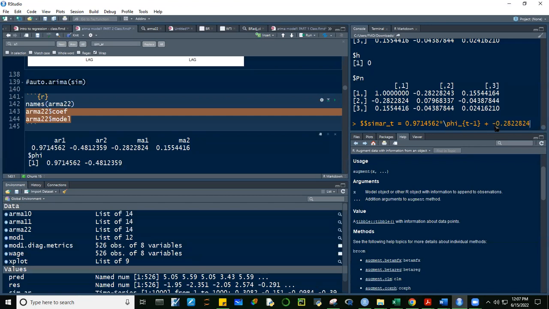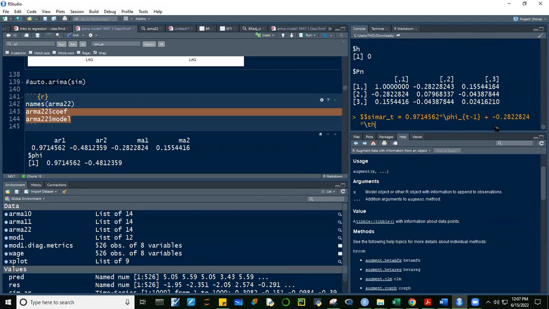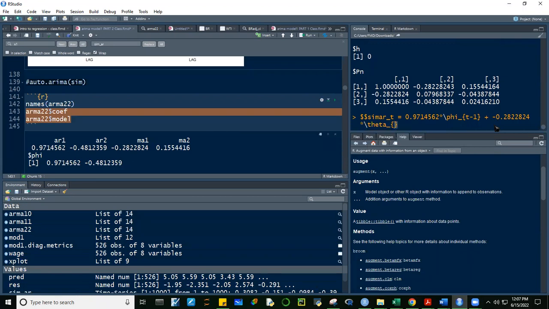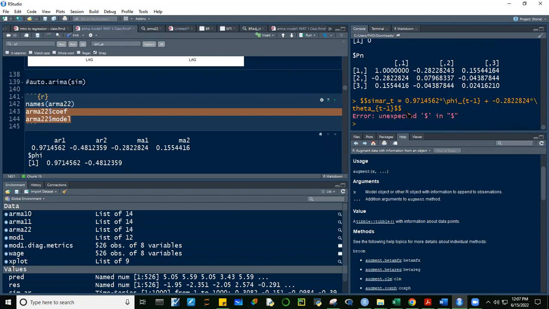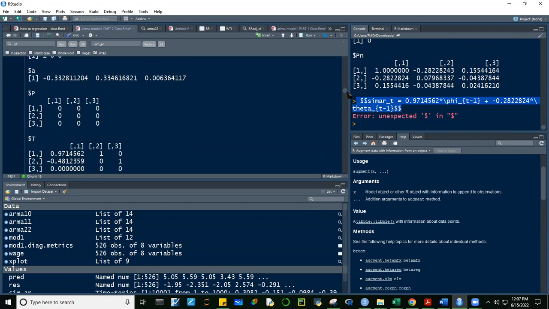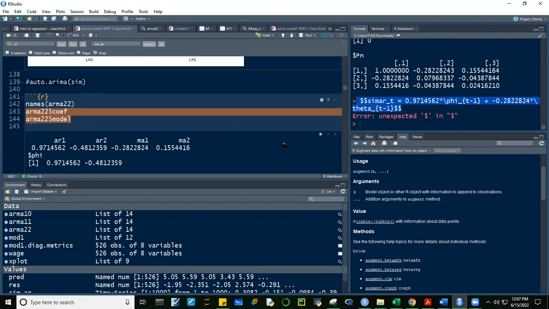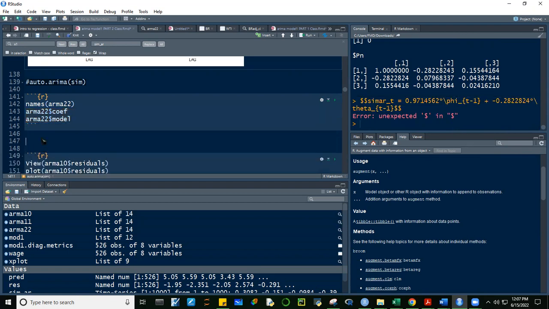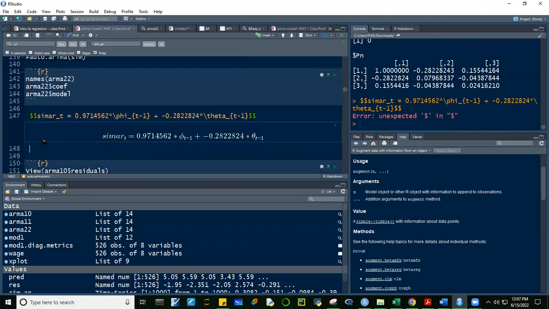Control V times theta underscore t minus 1. Okay, ayaw mag-run dito. Dito ko lang i-run. Control C. Okay.